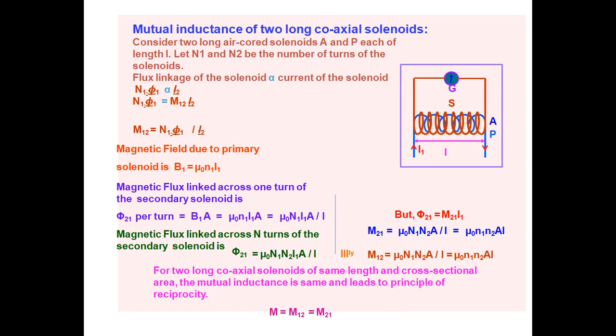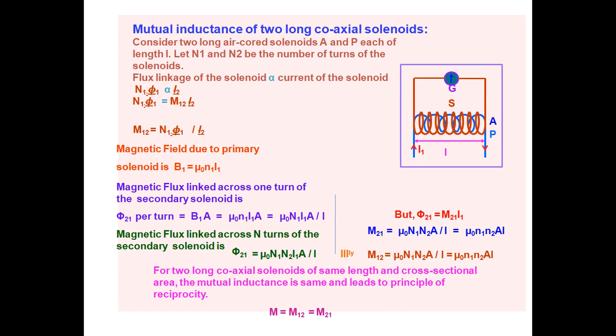Therefore, the flux linkage of the solenoid is directly proportional to current in the solenoid. So the flux linkage N1 phi1 is directly proportional to current in the secondary solenoid I2. Therefore, N1 phi1 is equal to M12 into I2, where M12 is the coefficient of mutual inductance. Therefore, M12 is equal to N1 phi1 divided by I2.